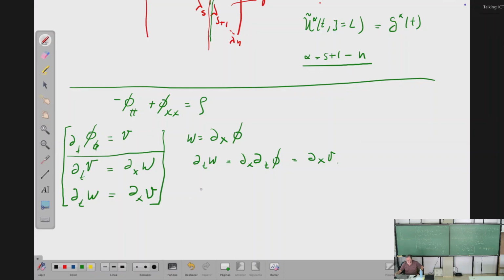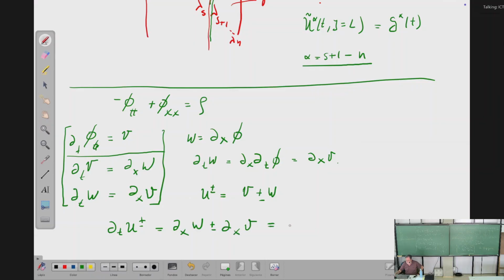You look at, let's say, u plus and u minus, which are b plus w and b minus w. Then you see that the dt of u plus minus is dx of w in the first, plus minus dx of b.